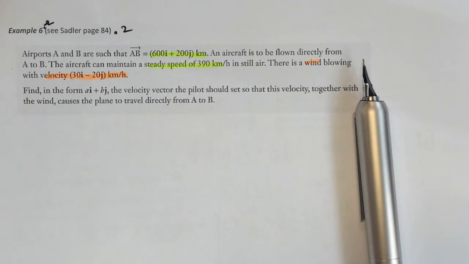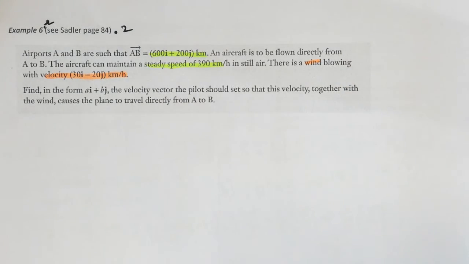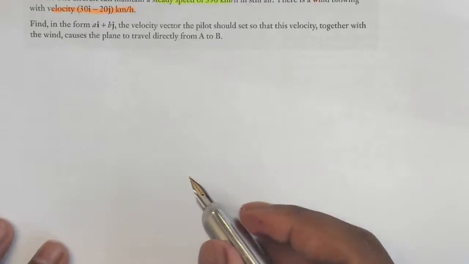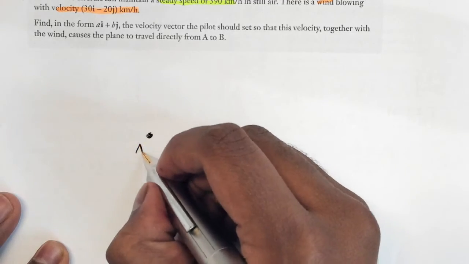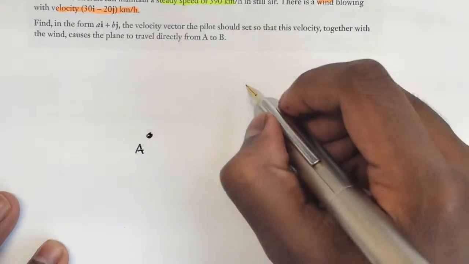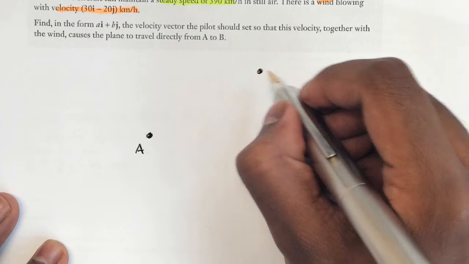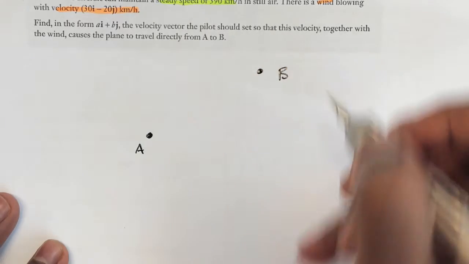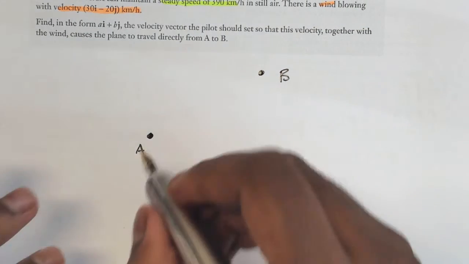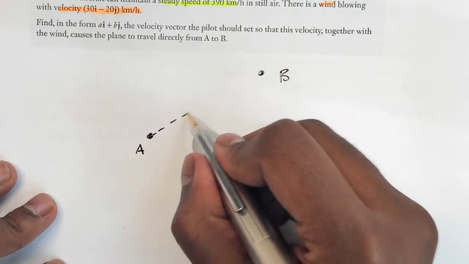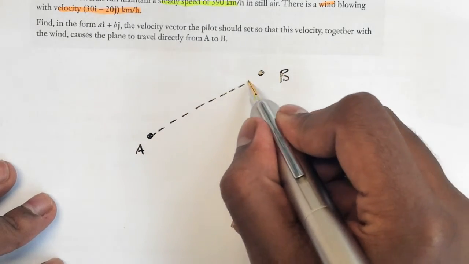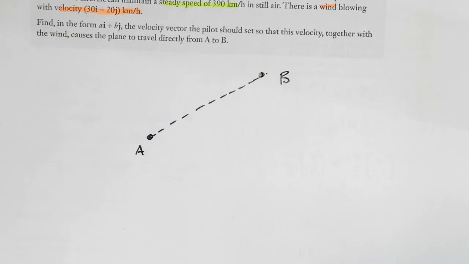So let's draw a little diagram of A to B. So that's A. And to B, we know B is going to be here somewhere. Alright. We want to travel across this path here. So where is wind going?